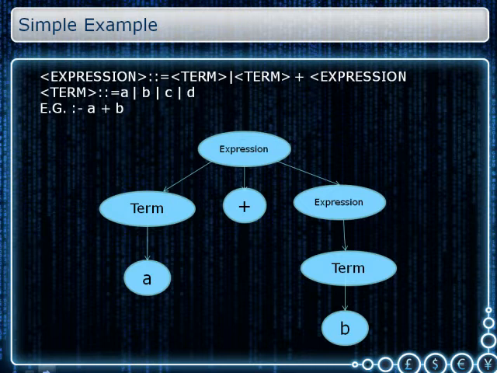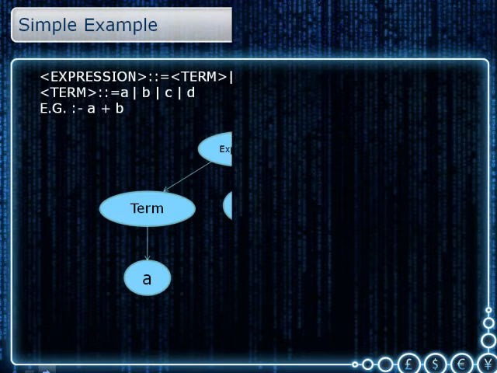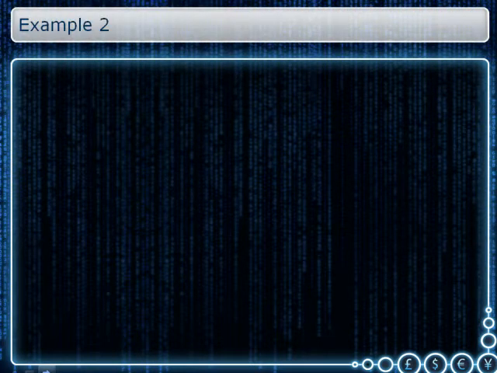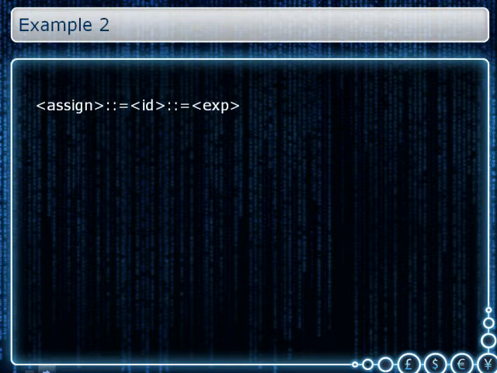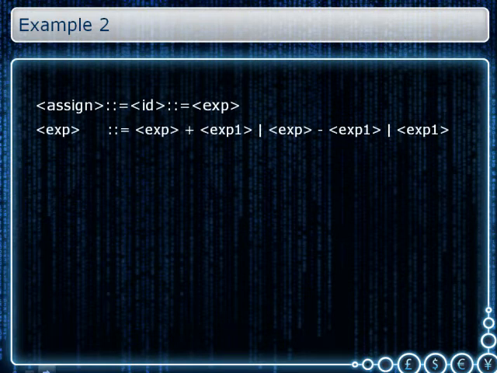Now we are going to try another example which is somewhat complex than the earlier one. In this example, ID can define as an expression. An expression can define as a summation of expression and expression 1 or subtraction between expression and expression 1 or just only expression 1.